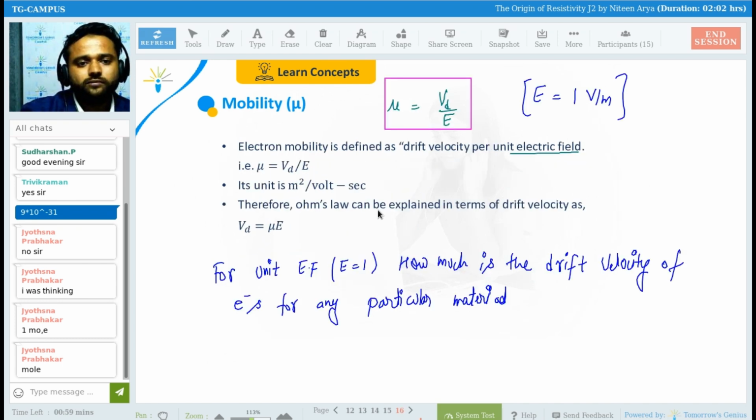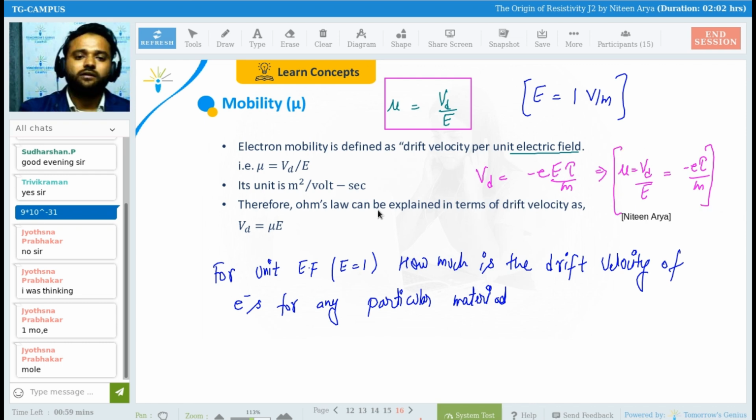So we have Vd equals minus E tau by m, and from there mu is going to be Vd by E, which is minus E tau by m.